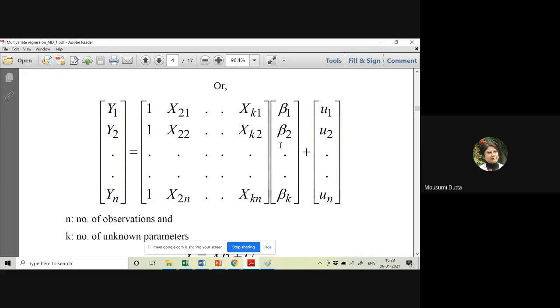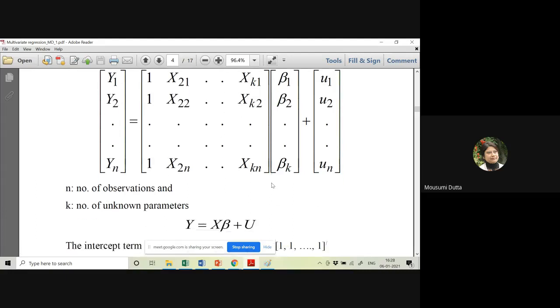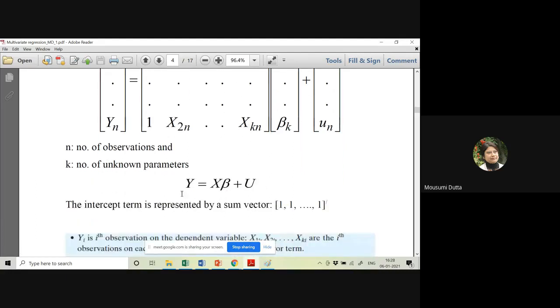We have beta 1, beta 2 up to beta k. So if we simplify the model, we can write it in this format: y is equal to x beta plus u, where y is a vector, x is a matrix, beta is a vector, and u is also a vector.